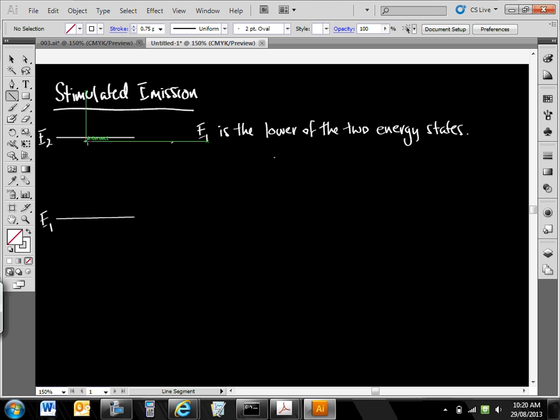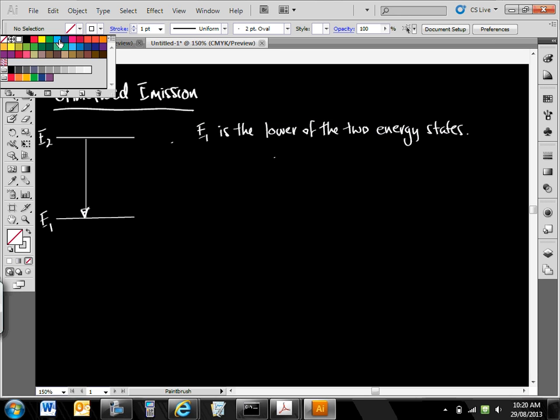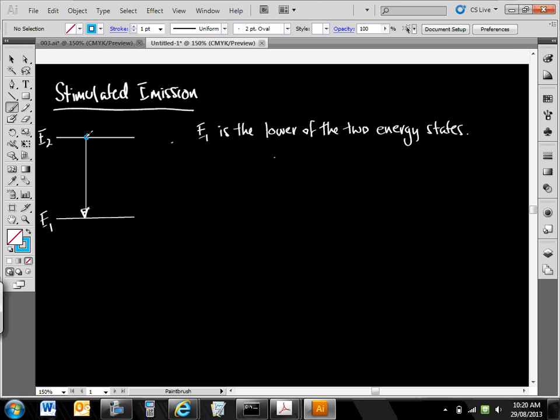And say I have, we're calling this a transition. This is a transition between the two states. And when we're talking about a transition, we're talking about the atom itself losing energy, or the electron jumping down an energy level. Those are two ways that we can see it.